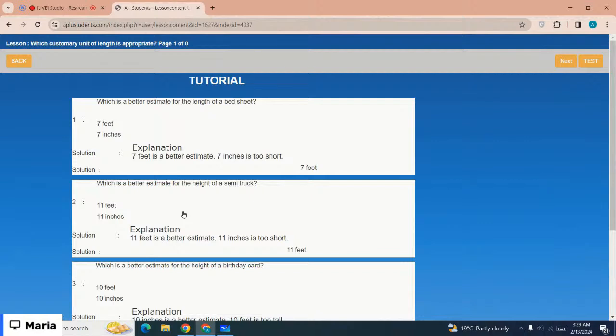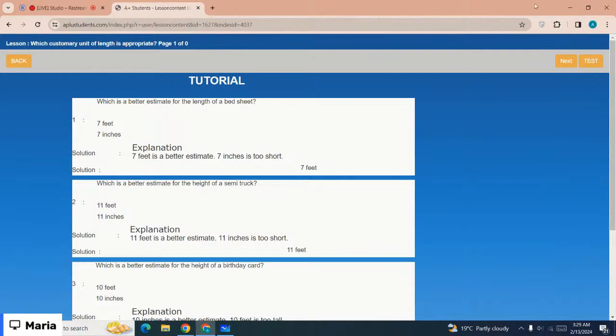But 7 inches is too small for a bed sheet, right? The correct option is 7 feet. If you are measuring the length of the bed sheet, it must be 7 feet, right? The correct option is 7 feet.